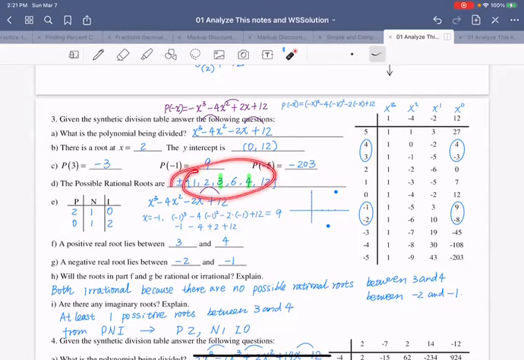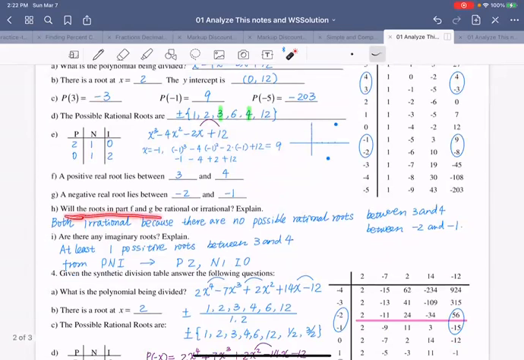But in this table, you do not have a root between -1 and -2. So the answer here is no, because both of them are irrational roots. That's the reason, because there are no possible rational roots in your PRR.